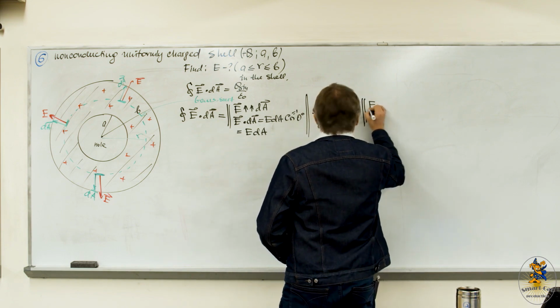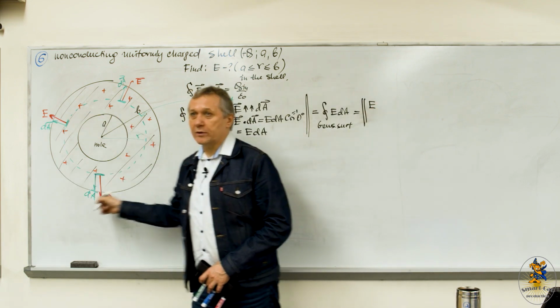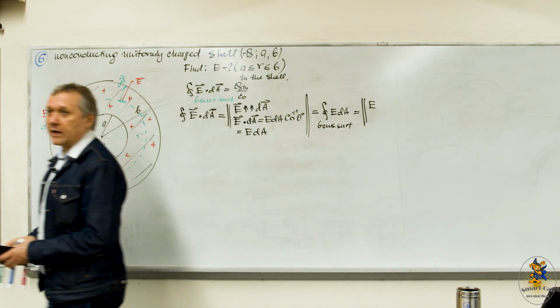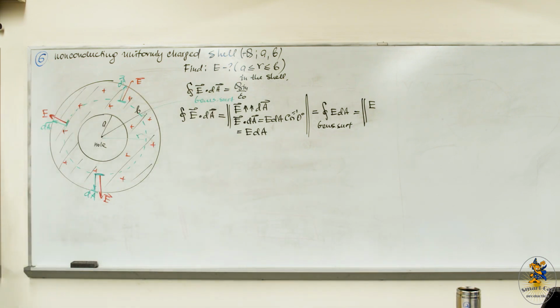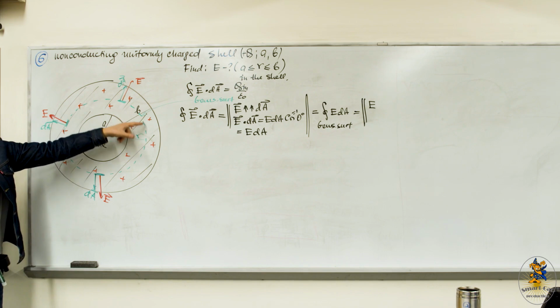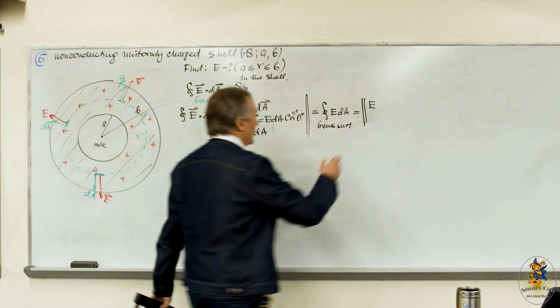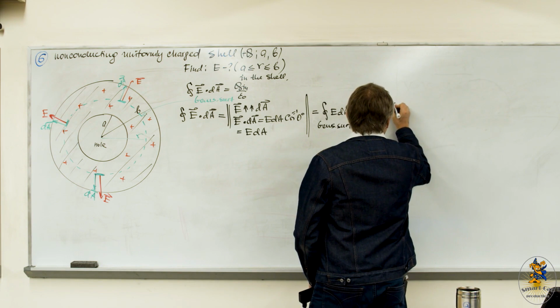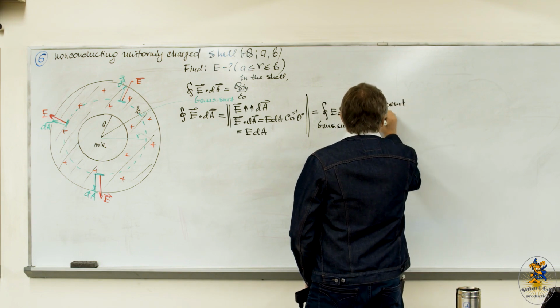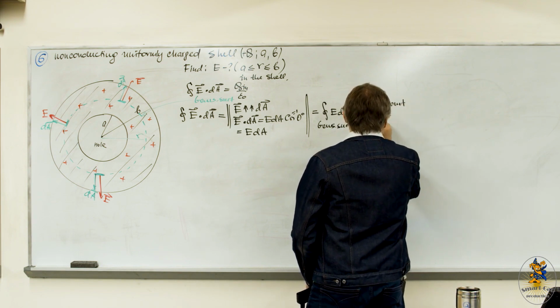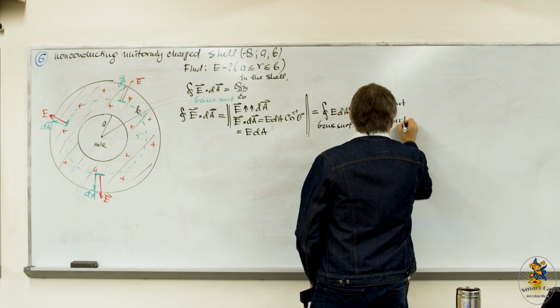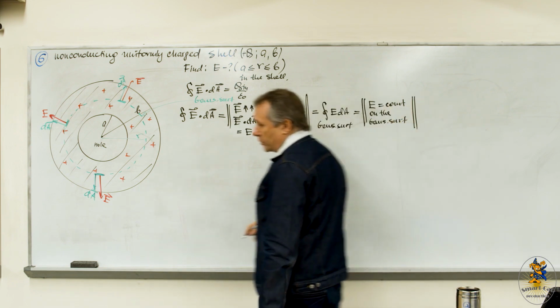because of the symmetry and because of the way we pick the Gaussian surface, we can say that the electric field is exactly the same at any point of this Gaussian surface. Again, I justified it in the lecture. Now we're refreshing it. E is constant on the Gaussian surface. Sometimes I see students write uniform.